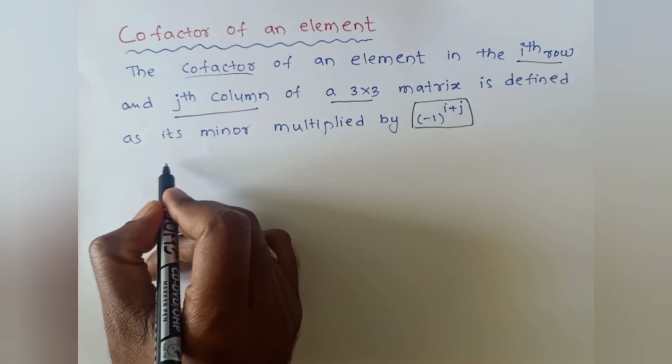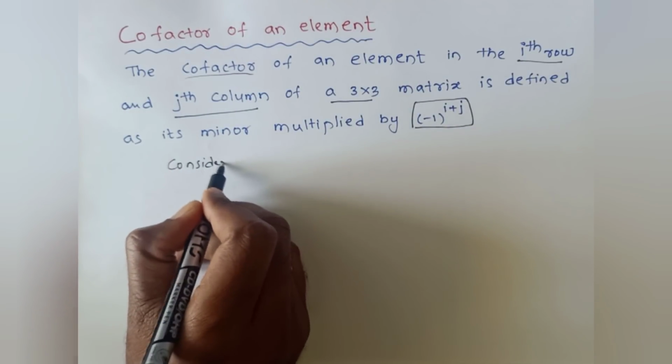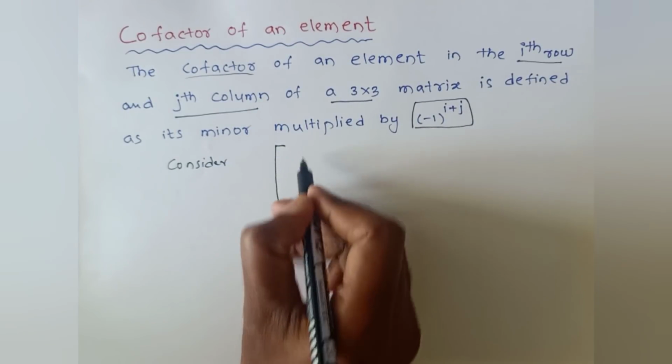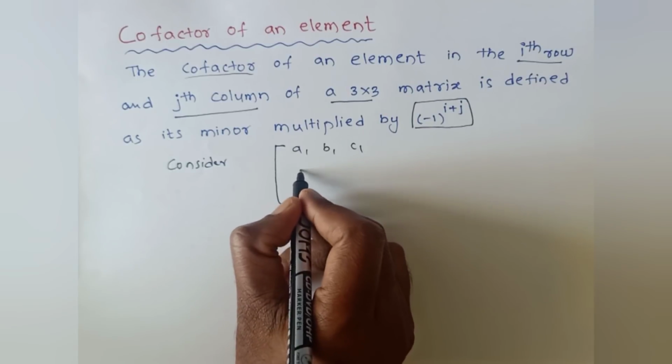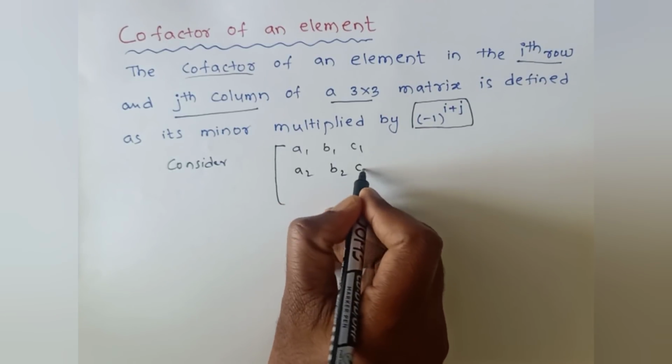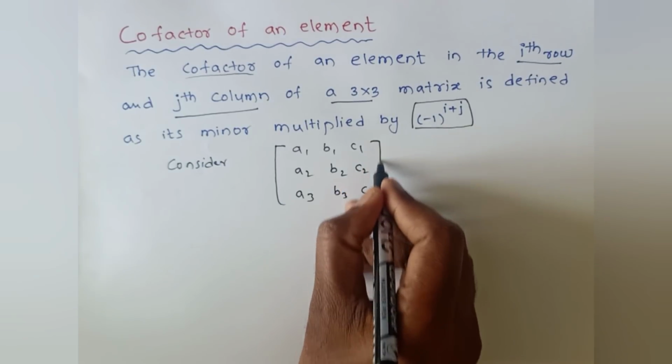Okay, so let us consider a 3 by 3 matrix. Here A1, B1, C1, A2, B2, C2, A3, B3 and C3.